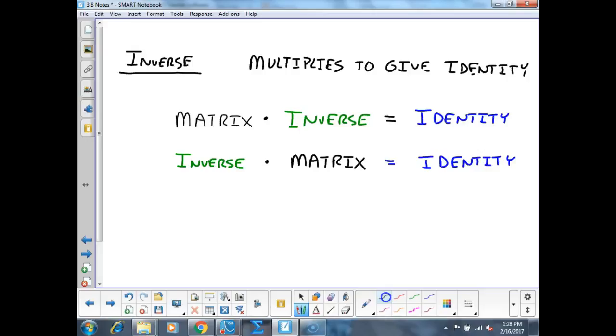But the other side is going to have something different. So order matters today in our cases. But if I was just multiplying an inverse by its matrix, or a matrix by its inverse, you should get the identity back out.